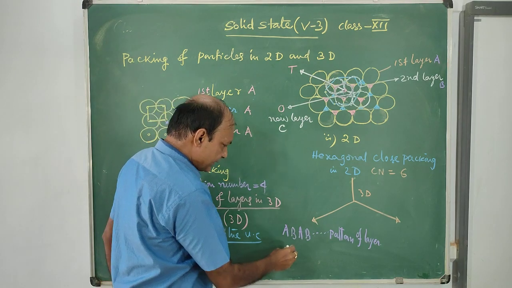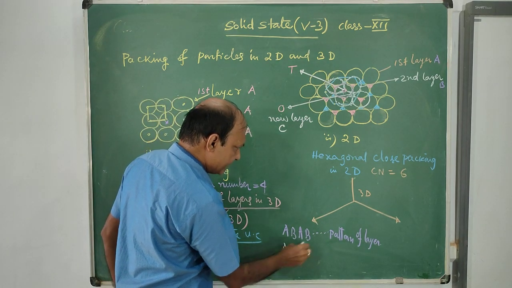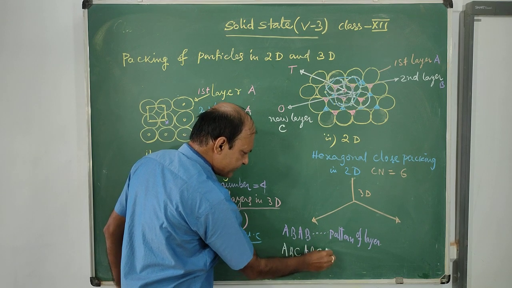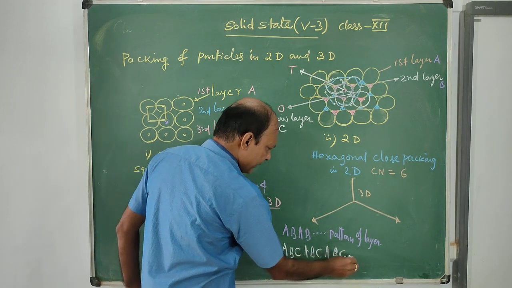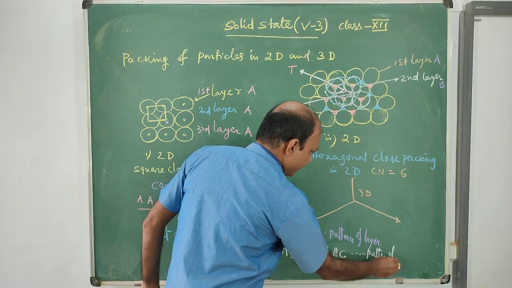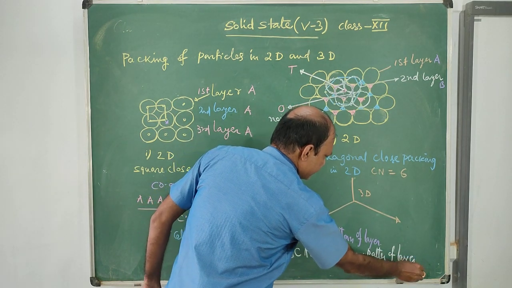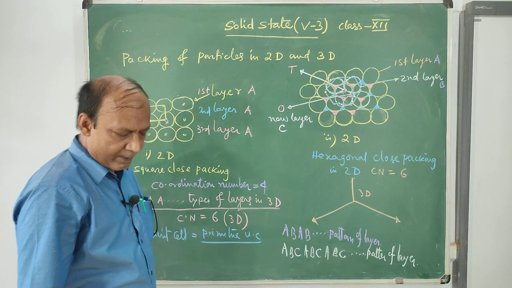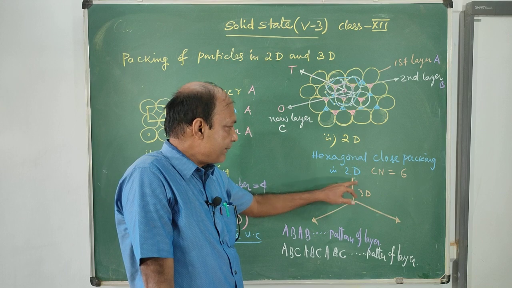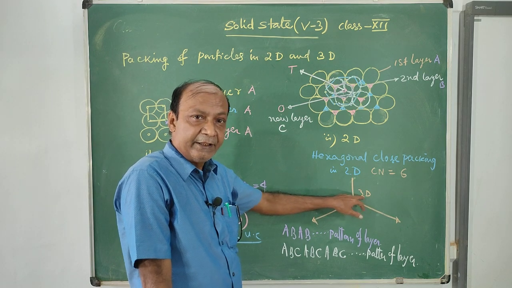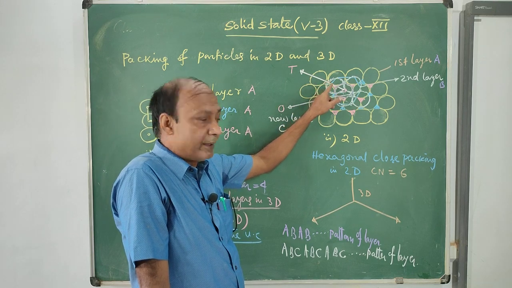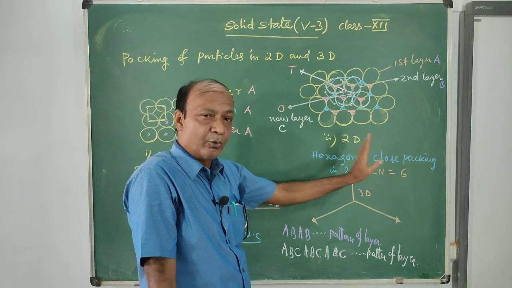So the other type of arrangement in 3 dimensions possible is an ABC pattern of layers. So this is a very important thing. In 3 dimensions, I repeat, whenever you go from 2 dimensions to 3 dimensions, you are only allowed to put the particles on the triangular depressions in order to keep hexagonal close packing.